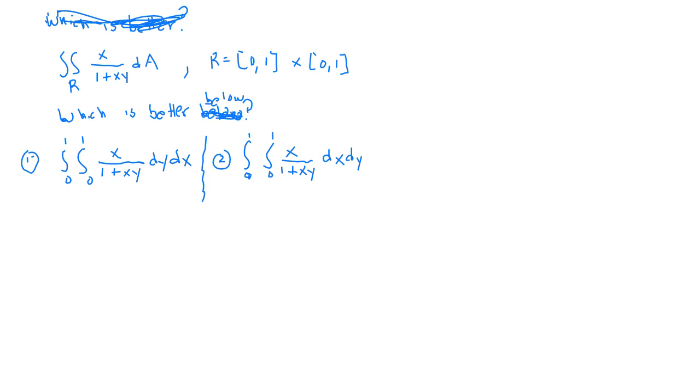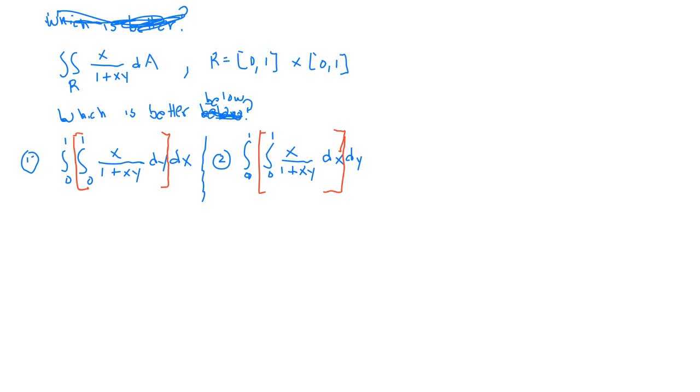And maybe just to kind of help you, I'll put in the iteration grouping symbols. So when I say which is better, I mean in the sense which one can we find an answer to?